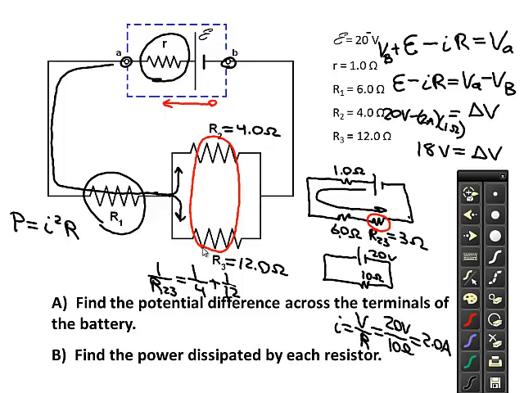How much current is going through my imaginary 3 ohm resistor over here? I know it's 2 amps of current, right? So V equals IR tells me that this has got to be 6 volts. That tells me this guy is 6 volts, and this guy is 6 volts.